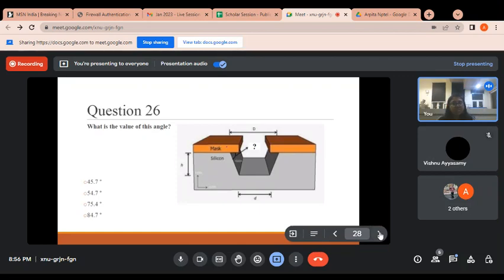So what is the process here? Anisotropic, ma'am. Yes, right. This is anisotropic wet etching. The angle between the planes 110 and 111 is 54.7 degrees. So option B is the right answer.